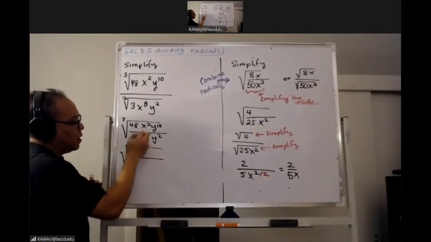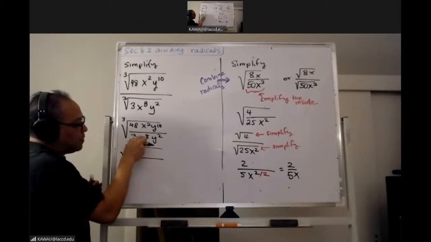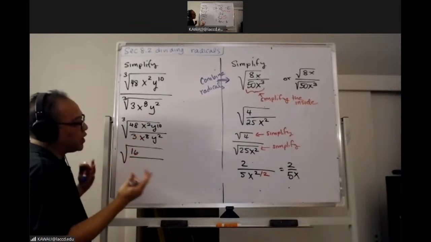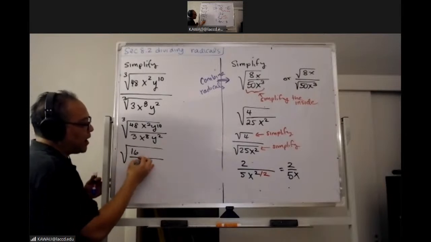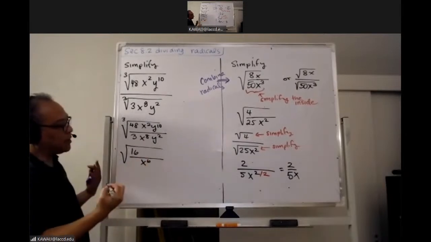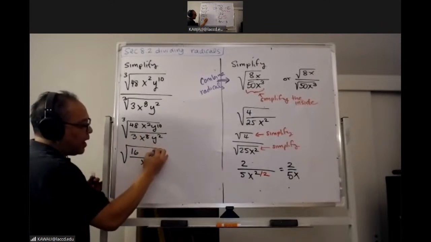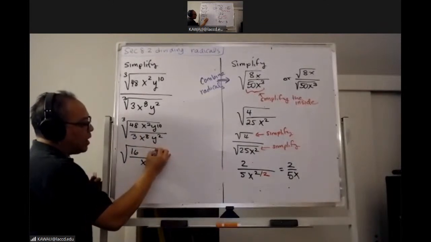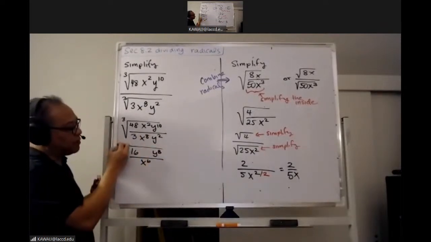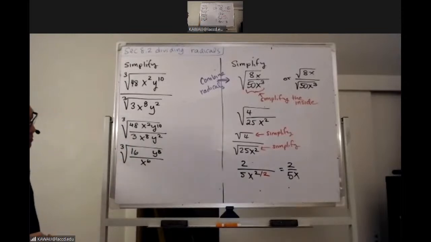Okay. Now I have 8 more x's on the bottom. If you go, how many more x's on the bottom do I have? I have 6 more on the bottom, and I have 8 more y's on top. Okay.